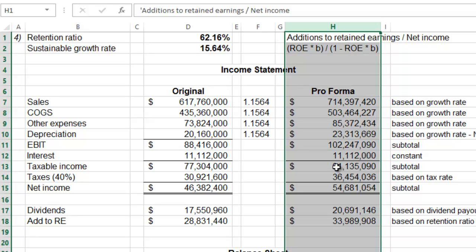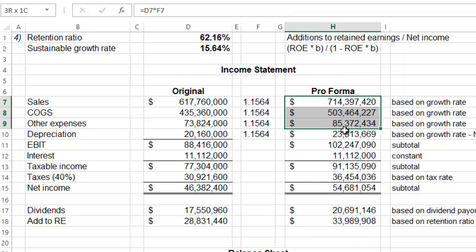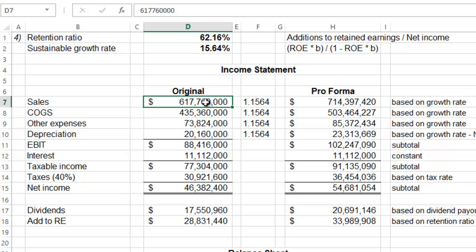I'll point out some special circumstances in a little bit, things that may not change with sales, and we'll handle those differently. But starting here at the top of the income statement, you can see almost everything is varying directly with sales. So all I'm taking is the original values, multiplying by 1 plus our sustainable growth rate of 15.64%, and adding 1 to that growth rate will force the growth to occur.